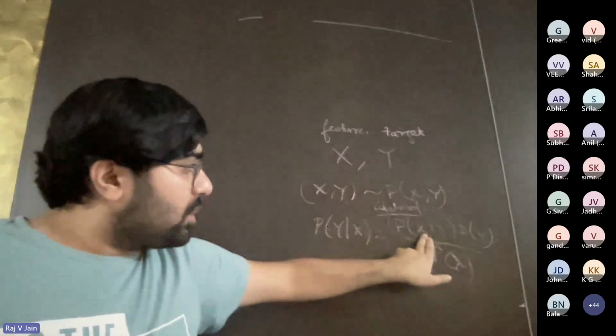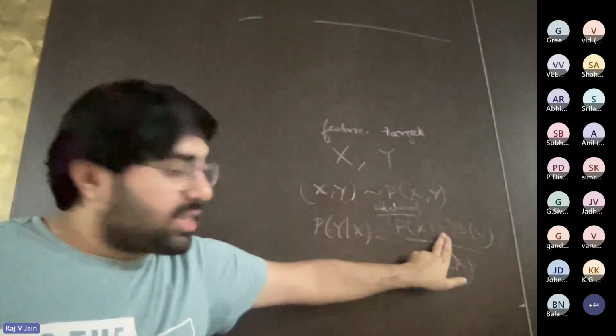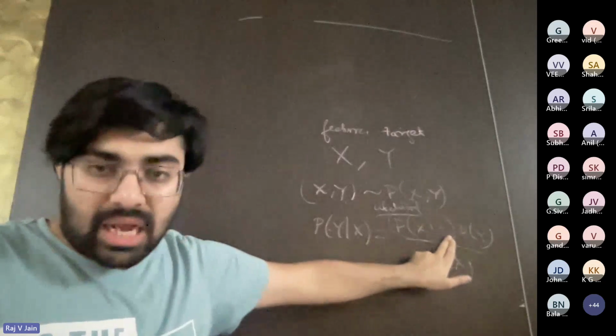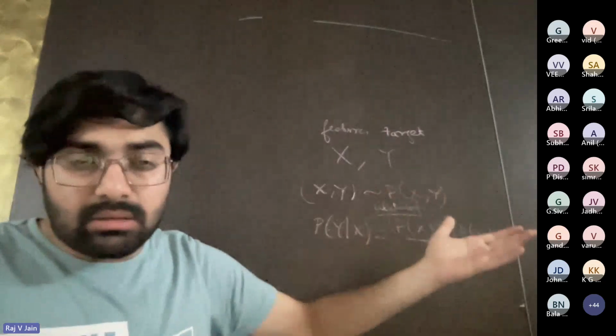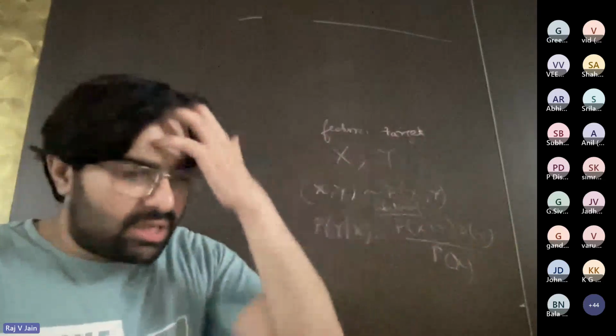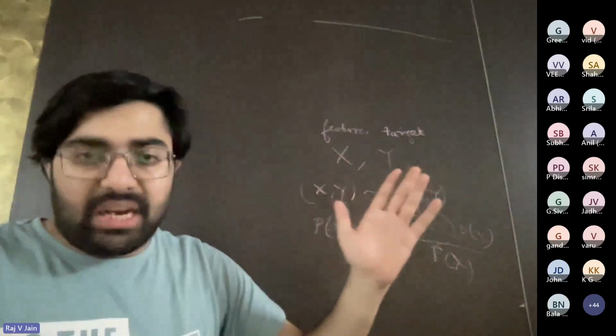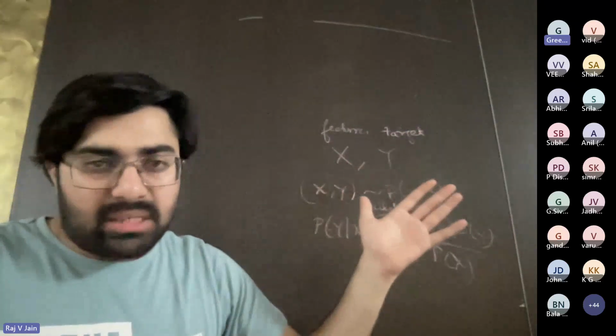If I give a dog image and my Y is, let's say, cat, the probability that the dog image belongs to this cat class is very low. We generally don't take zeros in these discussions, but let's take very low, 10 to the power minus.